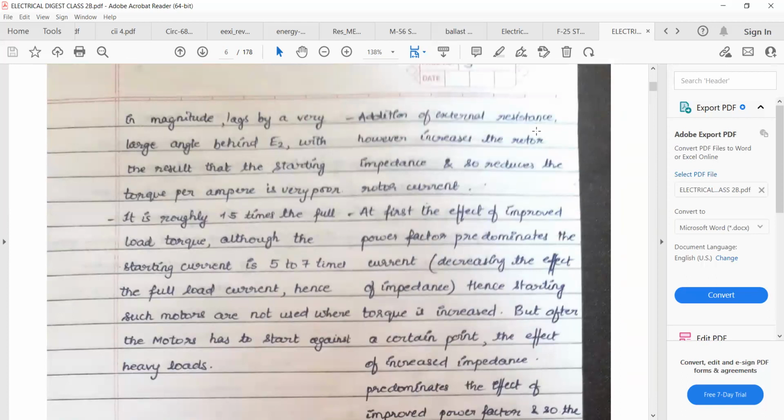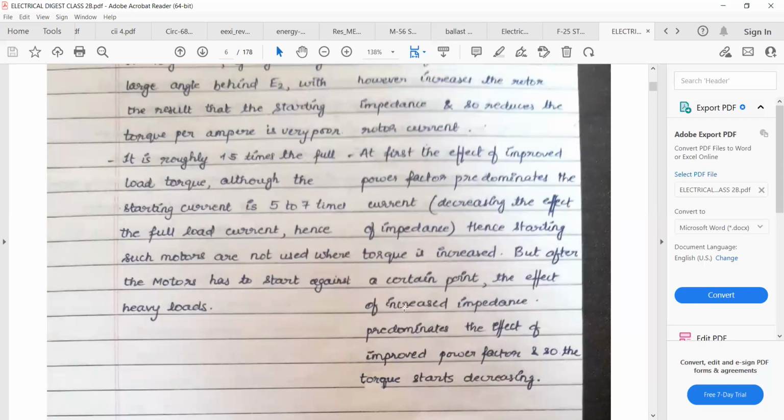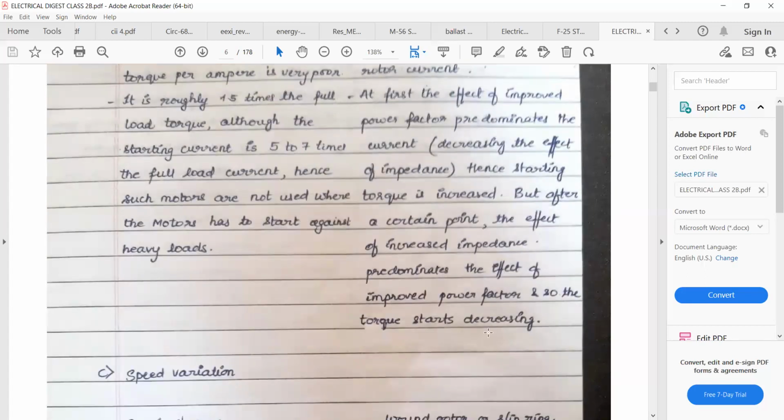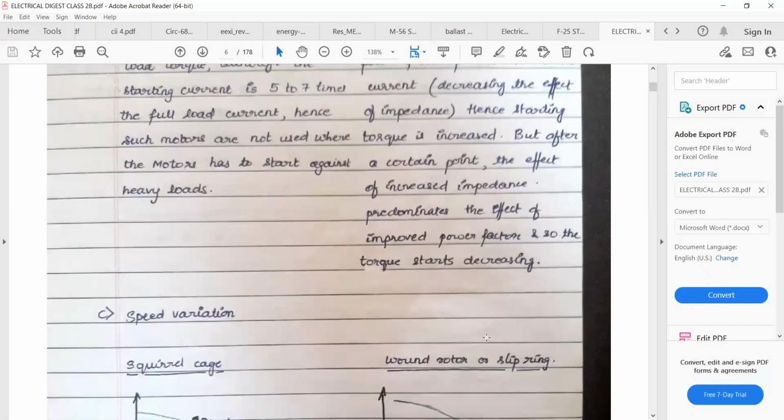The addition of external resistance, however, increases the rotor impedance and reduces the rotor current. At first, the effect of improved power factor predominates over the effect of increased impedance, hence the starting torque is increased. But after a certain point, the effect of the increased impedance predominates over the effect of the improved power factor, and so the torque starts decreasing after some time. Clear?